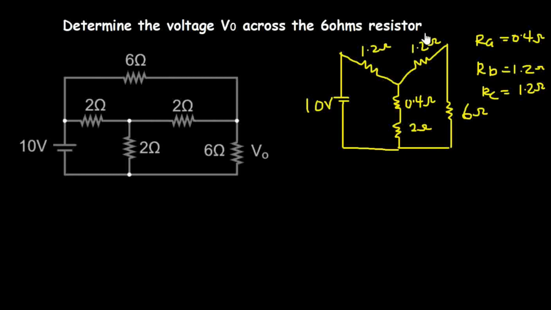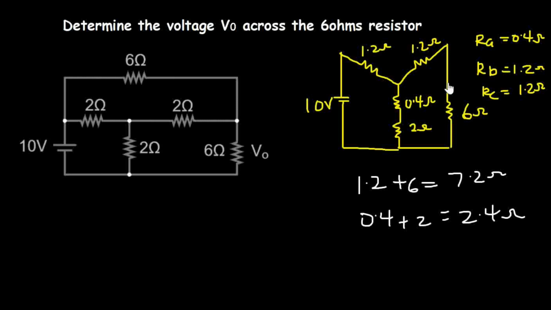I'm going to add these two values, and I'll add these two values also. So 1.2 plus 6 will be equal to 7.2 ohms, and 0.4 plus 2 will be equal to 2.4 ohms.